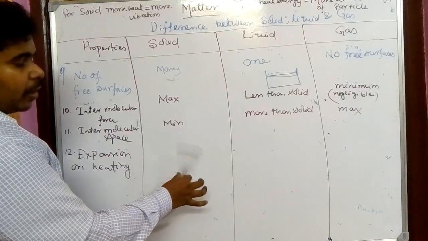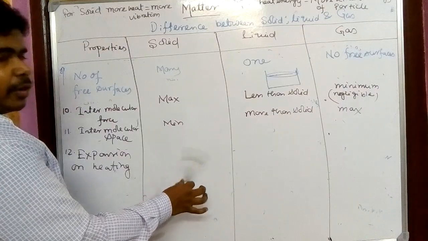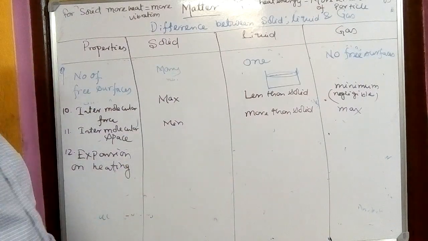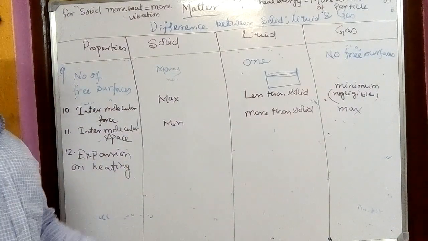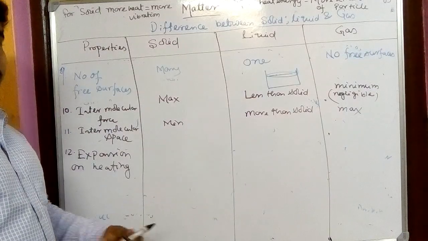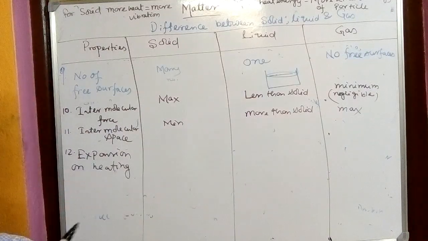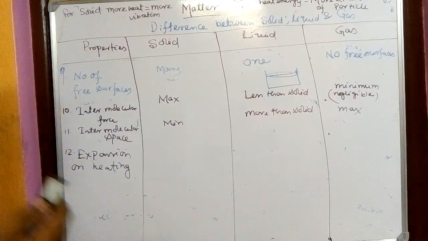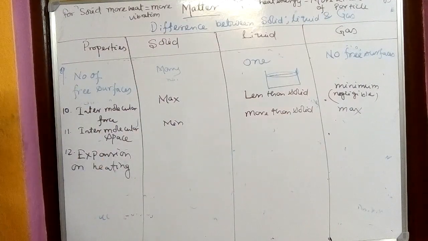As it is vibrating more, it will need more space than the initial space it occupied. If it needs more space, it will expand. For that reason the expansion occurs: more heat energy, more kinetic energy or more vibrational energy, and for that more expansion.